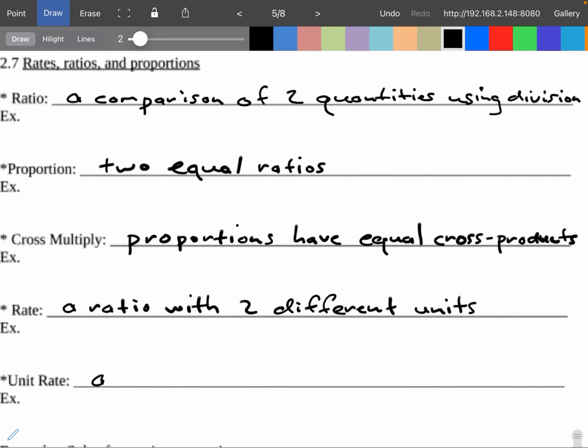Well, that's just a rate where the denominator is 1.